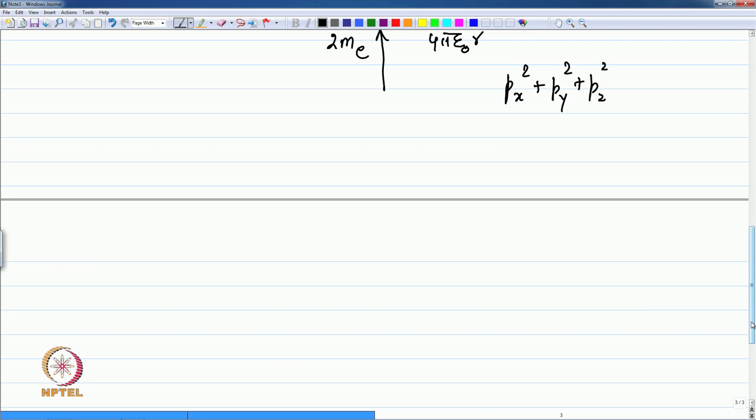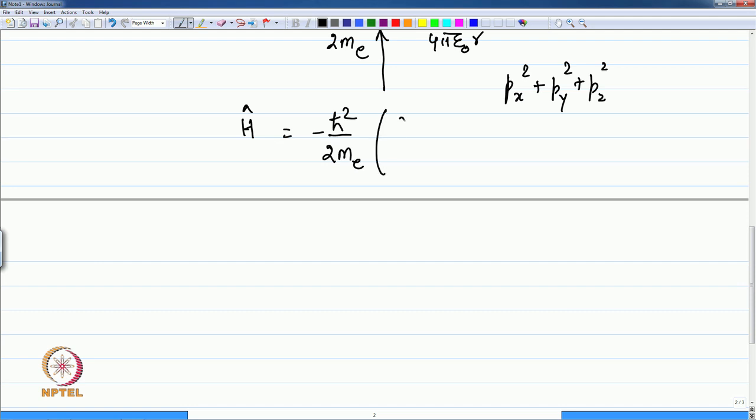And then of course p_x is replaced by the derivative operators, so that the Hamiltonian becomes minus h bar squared by 2 m_e times the sum of del squared by del x_e squared plus del squared by del y_e squared plus del squared by del z_e squared, where these are the coordinates of the electron with respect to that origin.